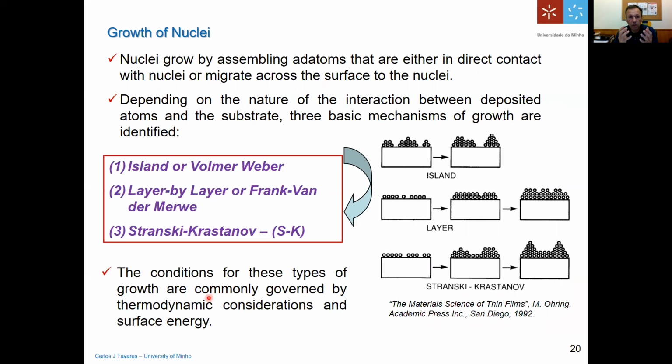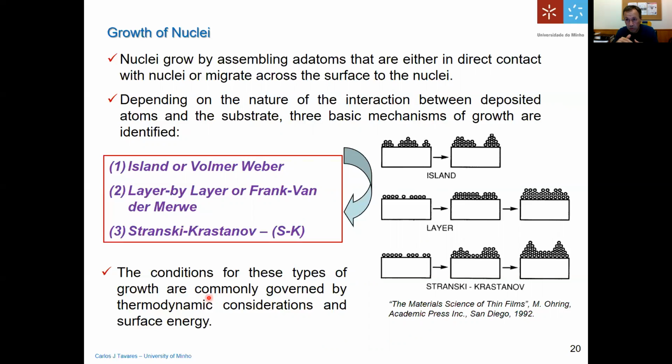So nuclei grow by assembling atoms that are either in direct contact with the nuclei or migrate across the surface of the nuclei. It means that, for example, you can have atoms that reach the surface of the substrate and they prefer to bond directly to the substrate, either physically or chemically, or you have other types of atoms from different materials which prefer to grow on top of each other.